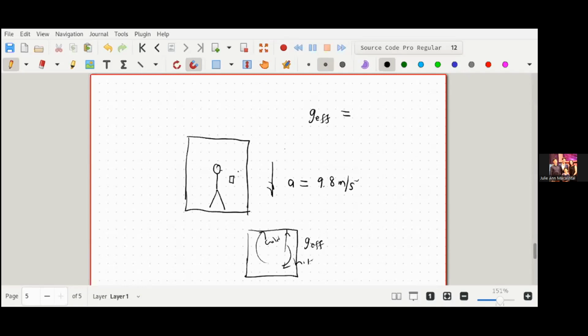Madami pang may mga ganyang, so yung behavior halimbawa ng fluids, yung warm air rises with respect to yung the downward direction of gravity. So may ganung caveat.